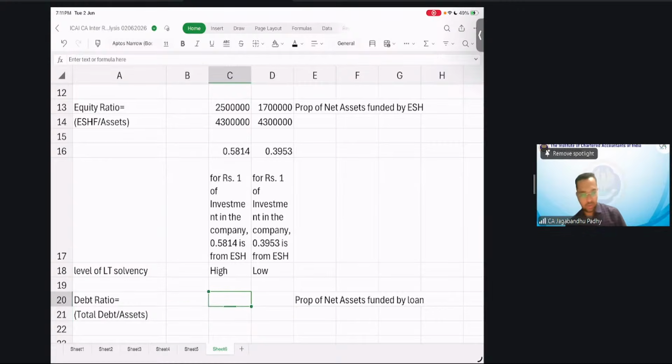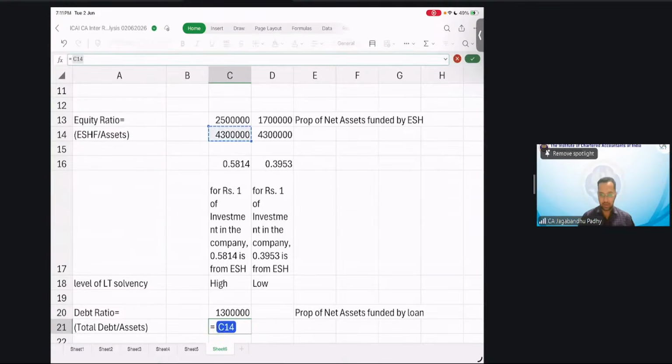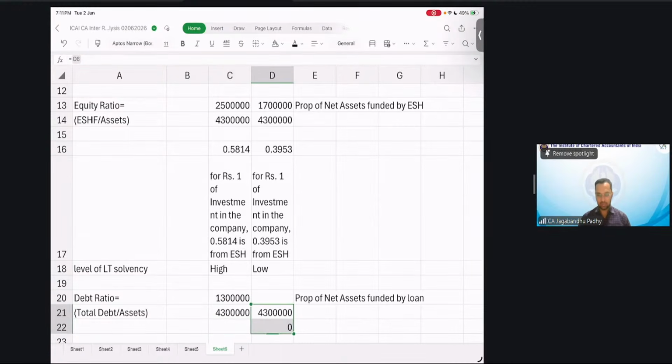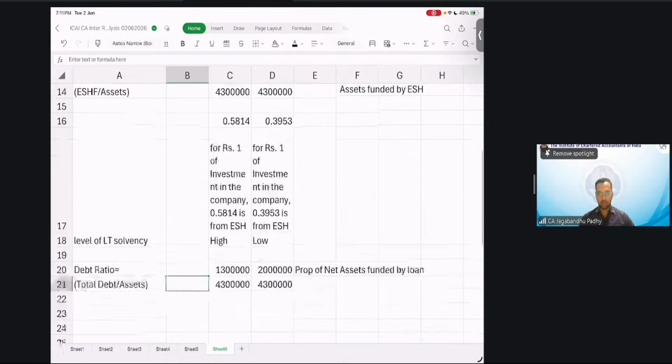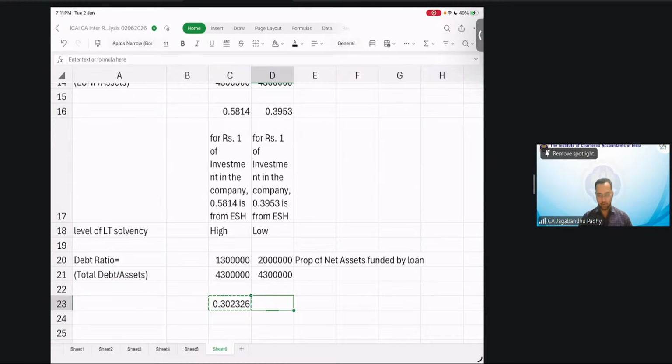So this debt ratio is going to be like your borrowings divided by the investment, right? So the number is calculated to be 0.3023 and this is 0.4651.